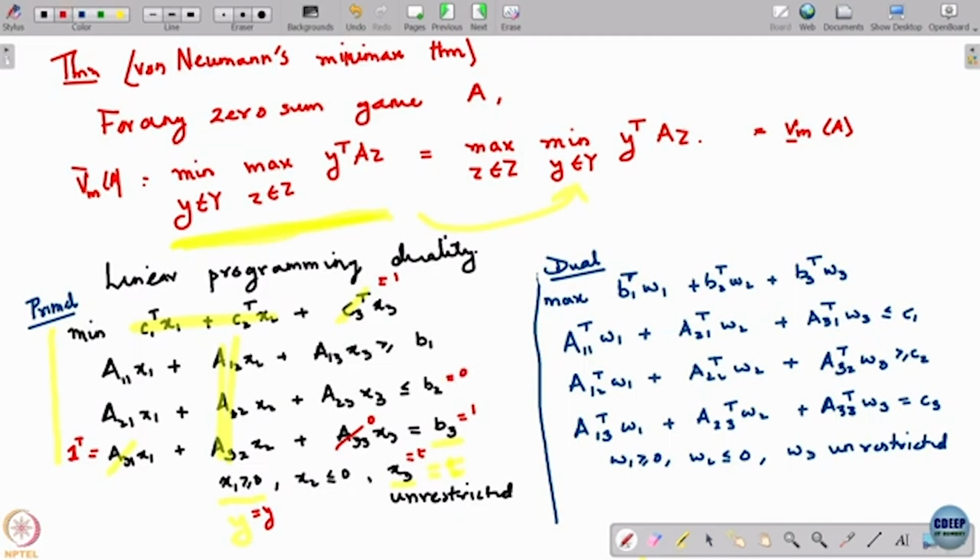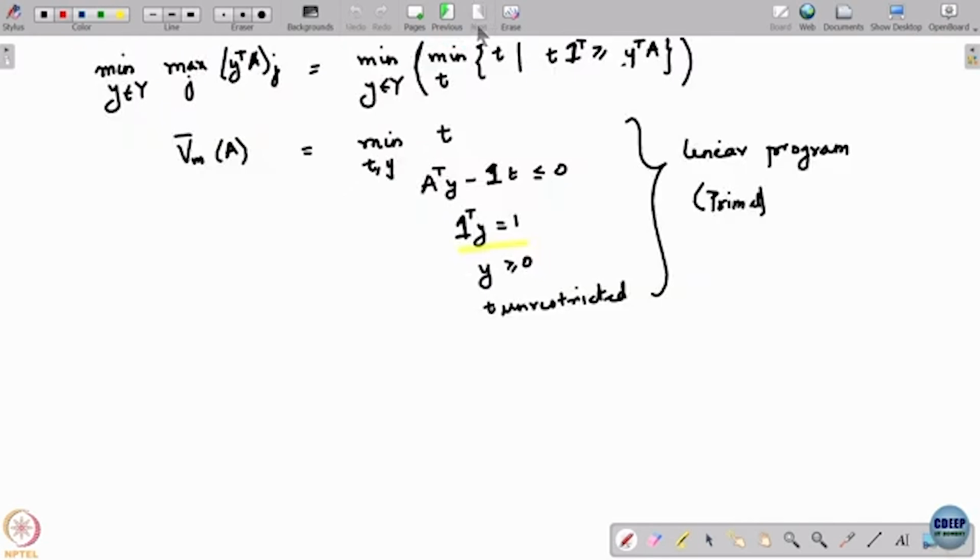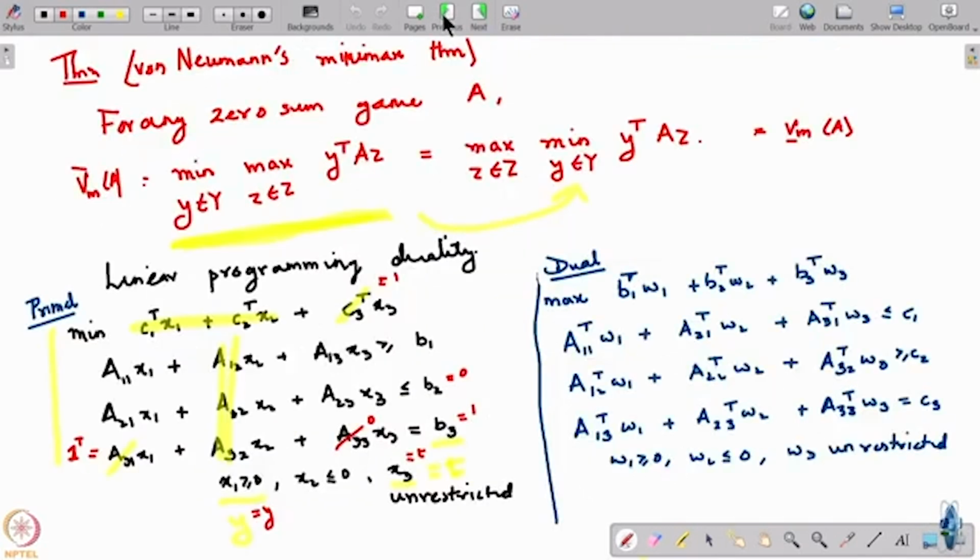What about the coefficient of X1? That means the coefficient of Y, A transpose, right? Which means that A21 here is A transpose, and the coefficient of X3, which is A23, is just 1.